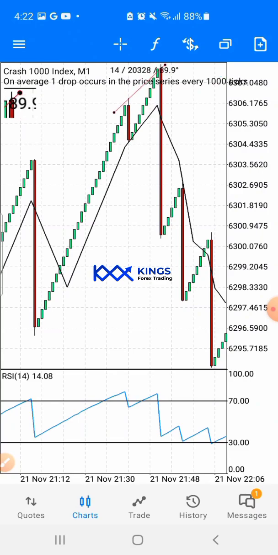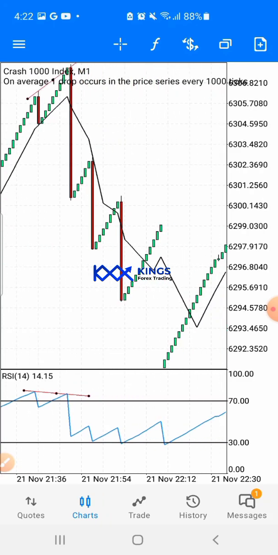You mark out this, which is giving us a higher high. Then we mark out the second one, the RSI, which is giving us a lower high instead of a higher high. Once you see this, you make entry and you catch these spikes to the downside.